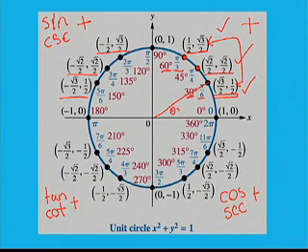Then you can calculate the remaining values for each of the angles by using the 3 that you've memorized in the first quadrant and then applying the appropriate sign for those trigonometric functions.